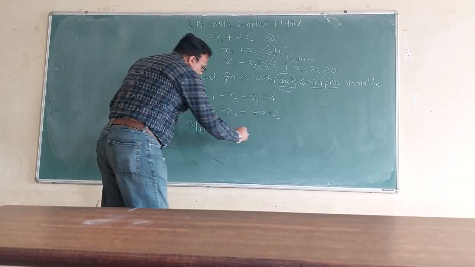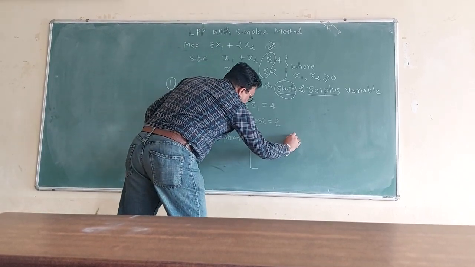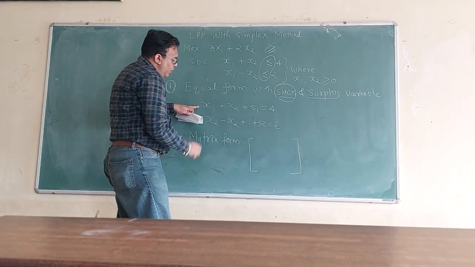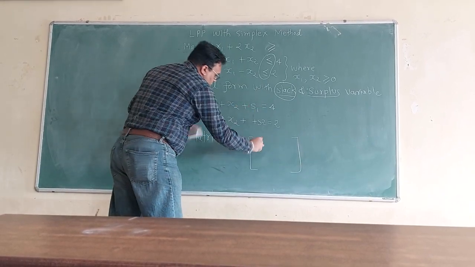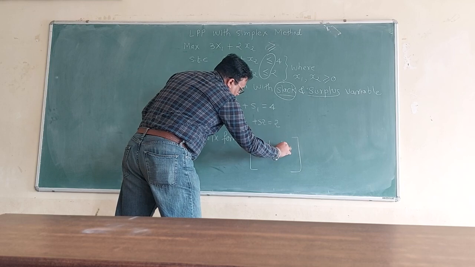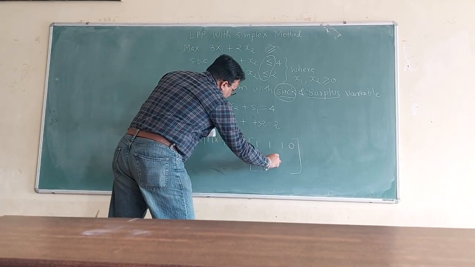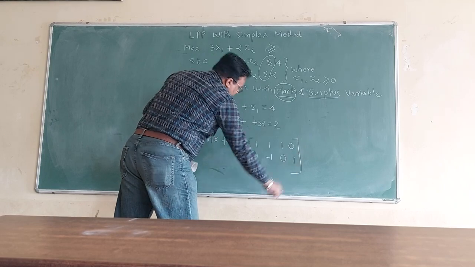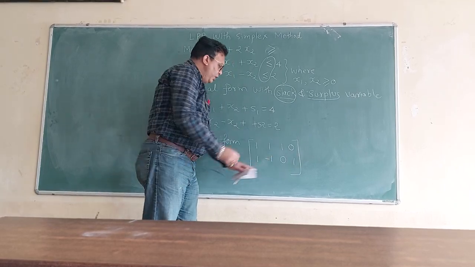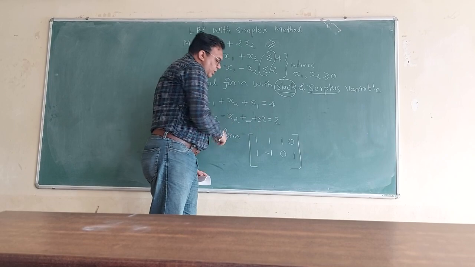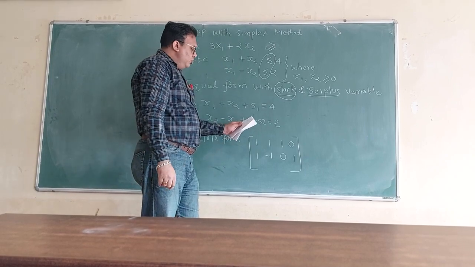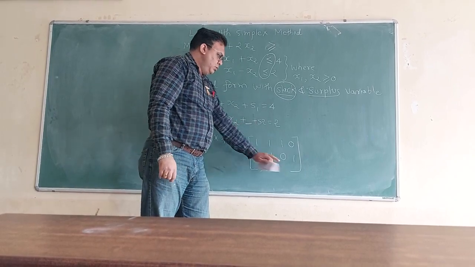So we have to put the matrix like this: 1, 1, 1, 0, 1, minus 1, 0, 1. Why am I putting 0 over here? Because there is no variable in this case. So that is why we have to put 0.